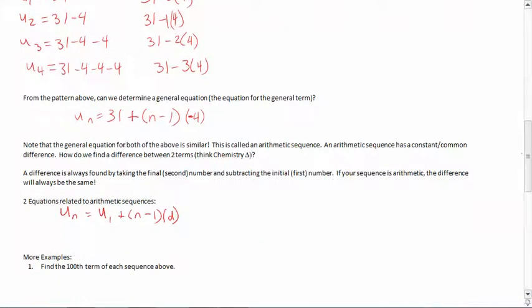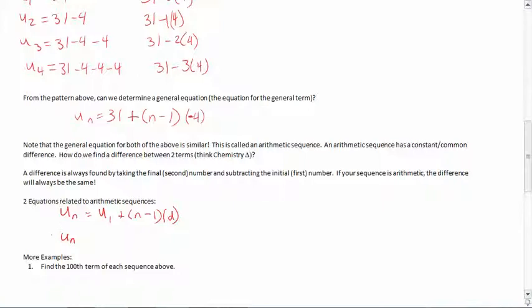So that's one equation. The other equation that we're going to use a lot with arithmetic sequences is this one. We just talked about how you take the second number and subtract the first one. So if I want to find the constant difference of any arithmetic sequence, I take a number, un, and I subtract it from the number that comes after it, right?